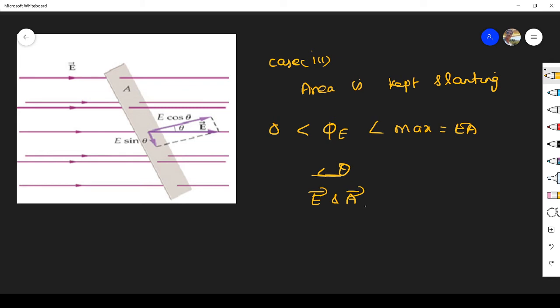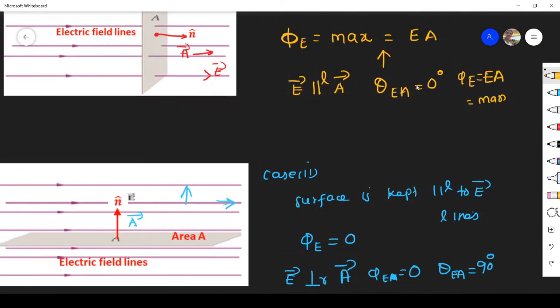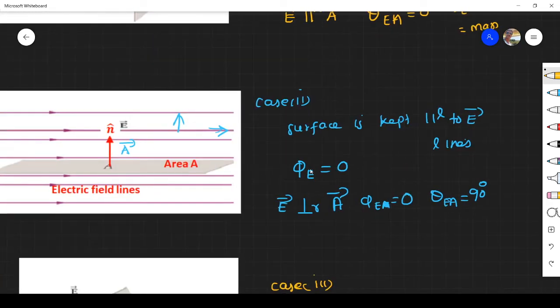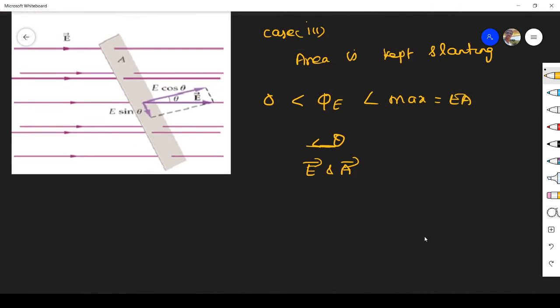If it is parallel, the angle between E and A is 90 degrees. But it is neither perpendicular nor parallel, so the angle lies between 0 and 90 degrees. That is θ in EA cos θ. Right? Okay.